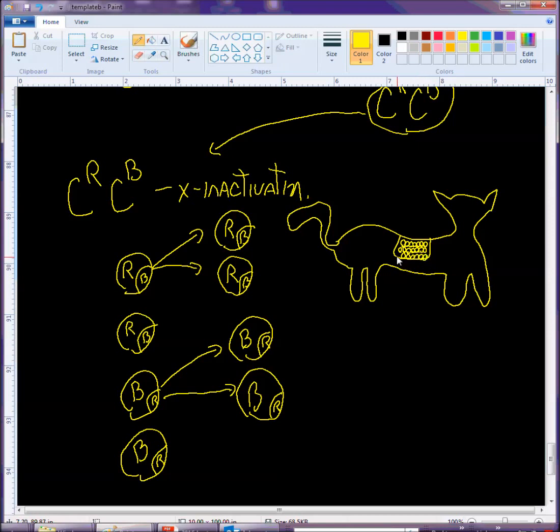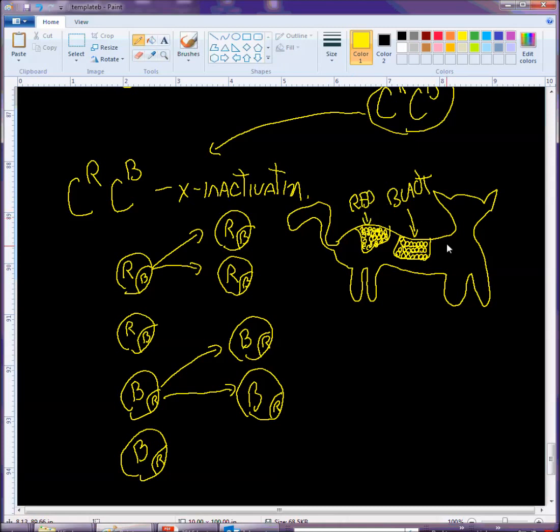So that's why we can have a patch of pigment cells here that all produce, let's say, black. So we got a black patch there. Now let's say there's a patch over here. We have a bunch of cells that all started from a cell that had the black allele inactivated. So all these would be red.